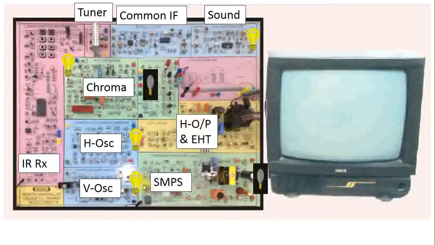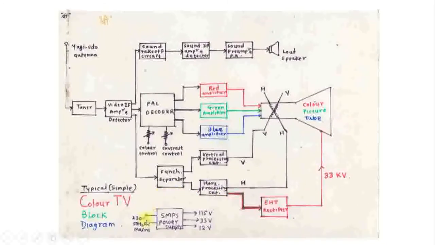Now here all of you see the SMPS section. It was already indicated in the color television block diagram. If you see this color television block diagram, this SMPS is required, and the output of the SMPS is 115 volt, 33 volt and 12 volt.